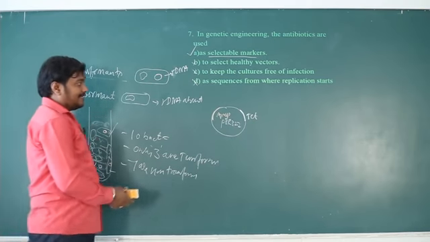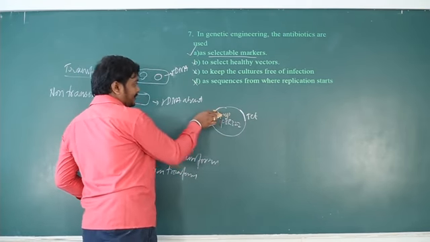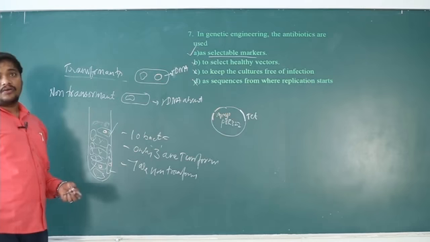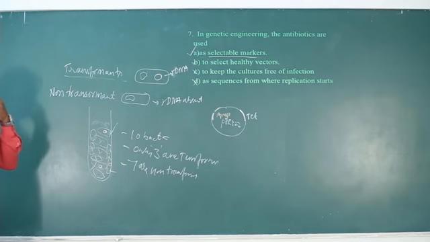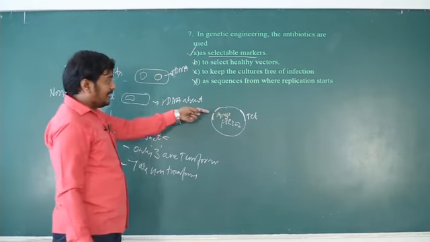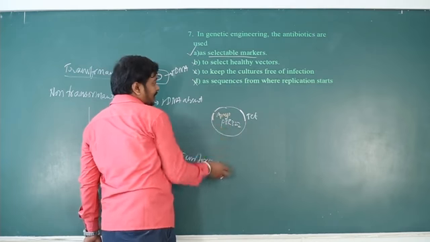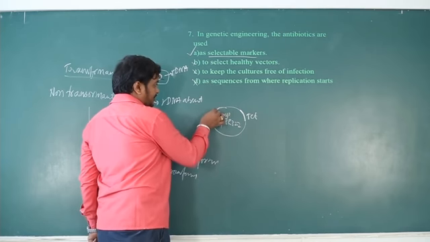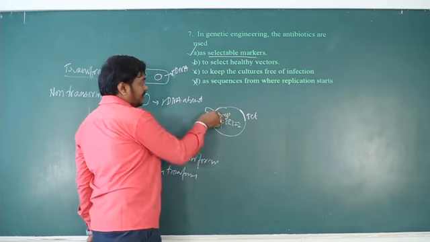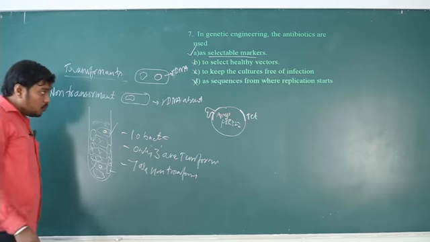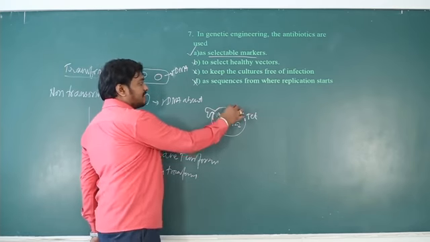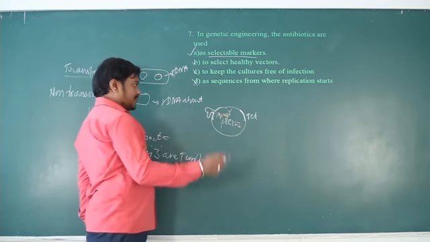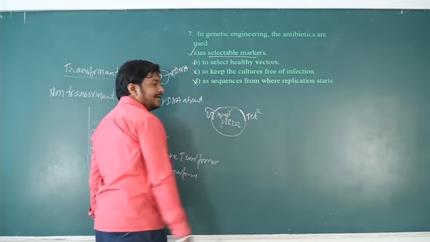If you cut here, we can insert the desired DNA. Let's say we have inserted the desired DNA here. Now it loses the ability of ampicillin resistant sites. Okay, but it can retain the resistance against tetracycline.